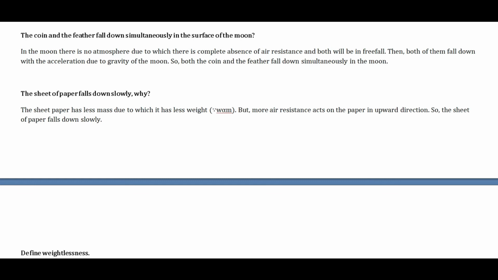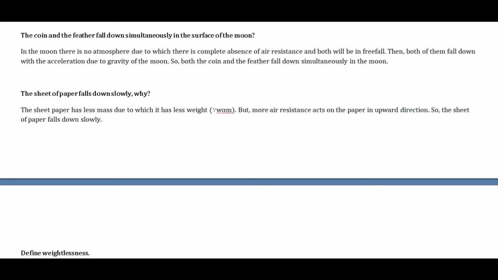and whenever the sheet of paper is dropped, then because of the less mass of the sheet of paper, the atmospheric pressure, that means air resistance, starts to act on the paper, and because of air resistance acting on the paper in the upward direction, its velocity is decreased. Then the sheet of paper will fall down slowly because it will not have complete free fall there.